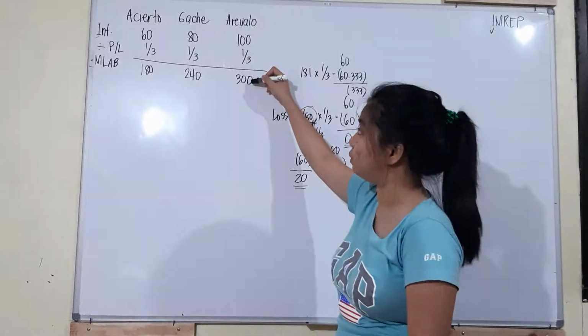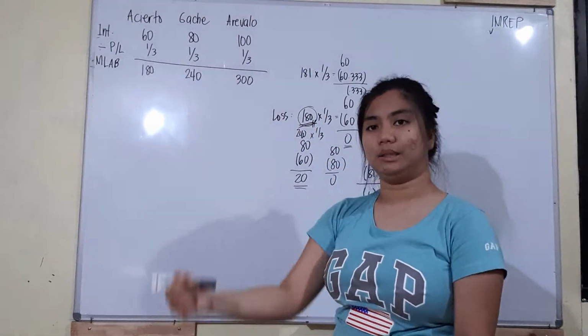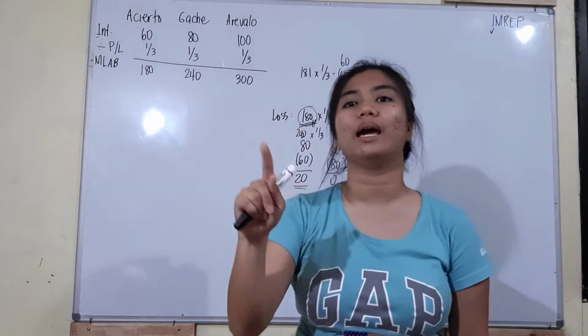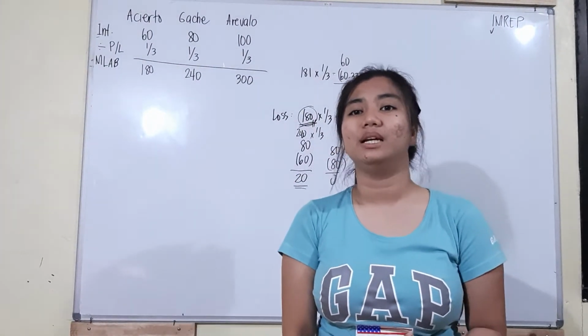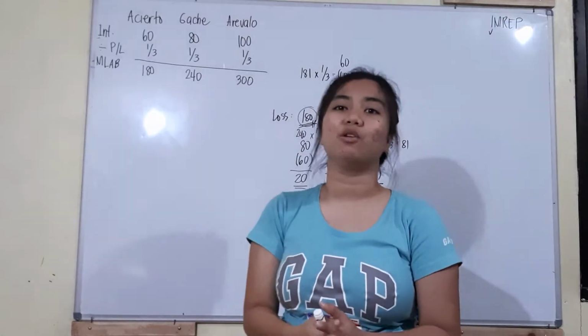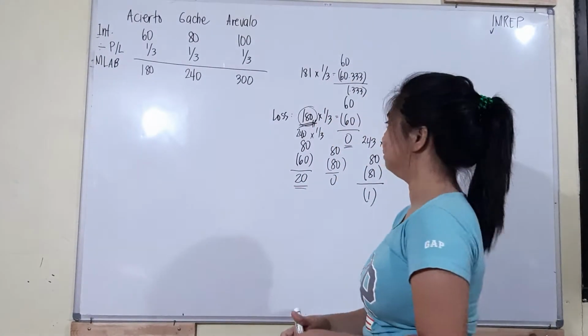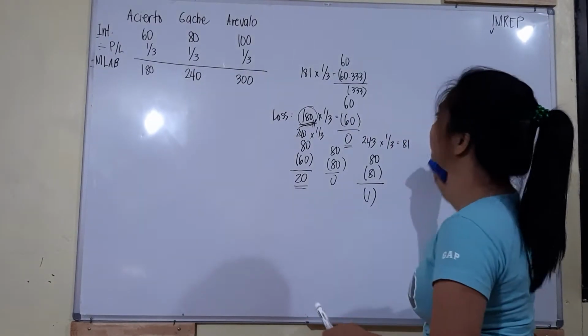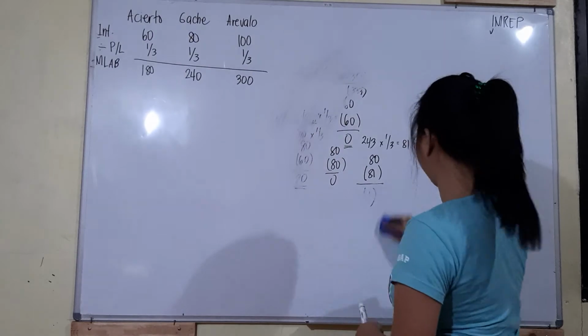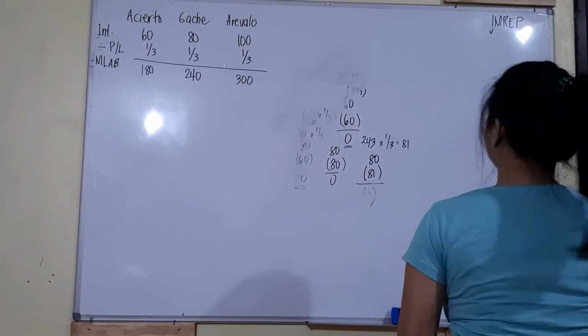But if this will become 301, 302, 303, basta lumagpas ng 300, kahit piso lang, ibig sabihin nun, hindi niya na kayang i-absorb yun kasi nga ito na yung maximum niya, magkakaroon na siya ng deficit. Okay? So, I hope the maximum loss absorption balance is already clear for all of us.